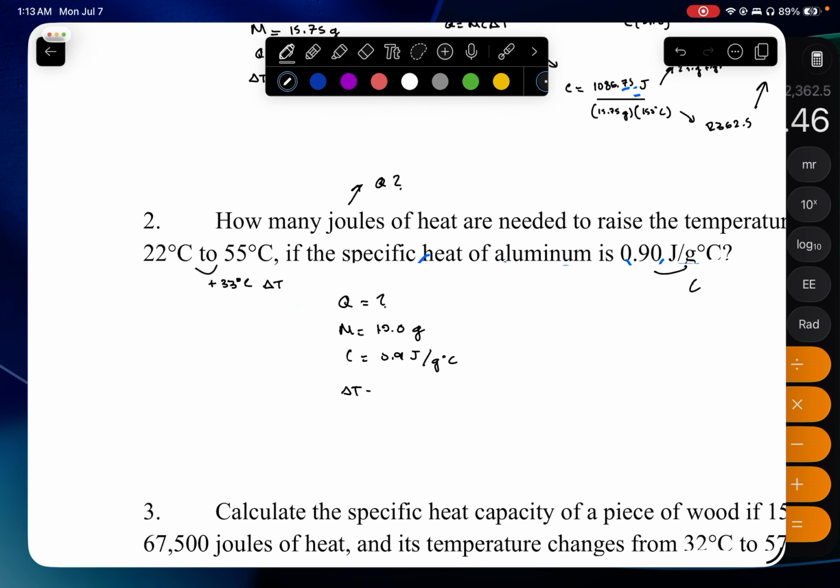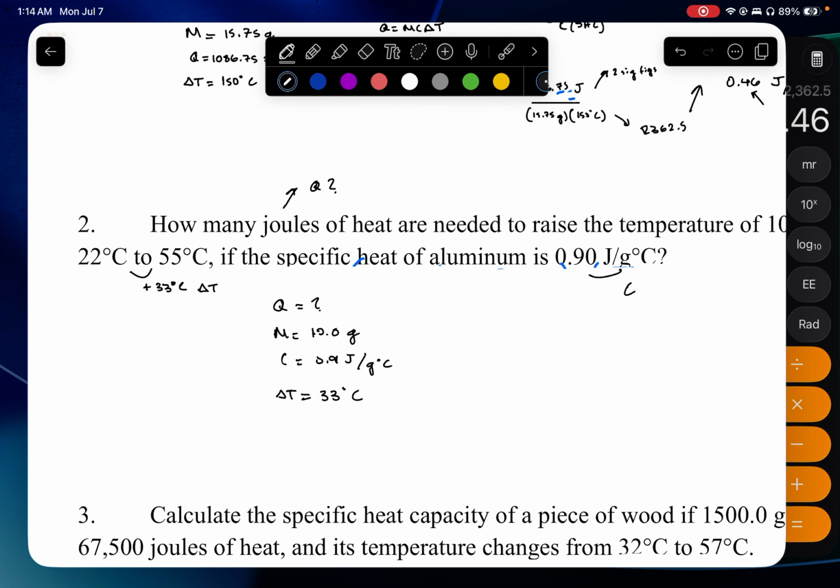Delta T is equal to positive 33 degrees Celsius. Since Q is in question, we can just use the Q equals MCΔT equation.